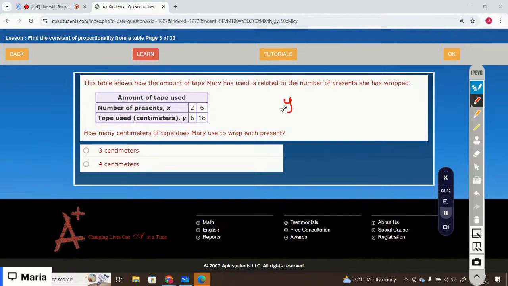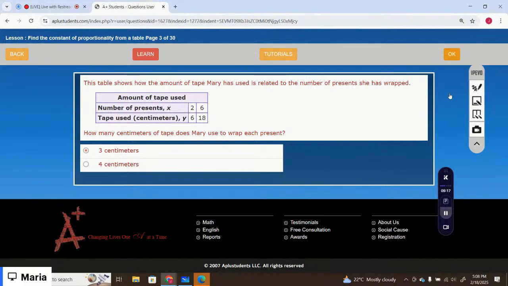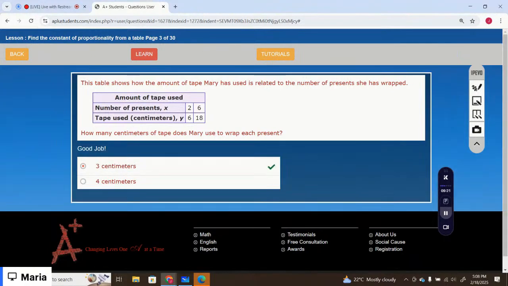That is y over x, 6 over 2, 18 over 6. That is 3 centimeters. Option number 1 is the correct option.